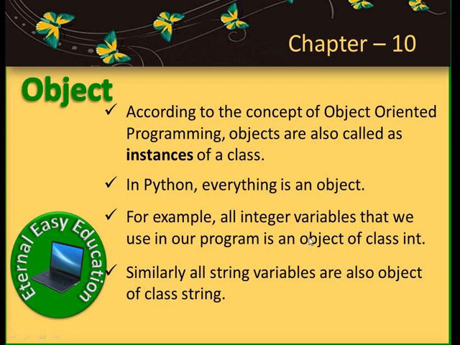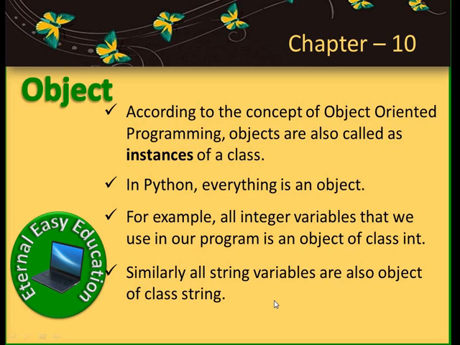Do you remember the function type? If you use type along with a variable, it will tell the type of that variable, such as the integer class. That means each variable is treated as a class in Python. Similarly, all string variables are also objects of class string.